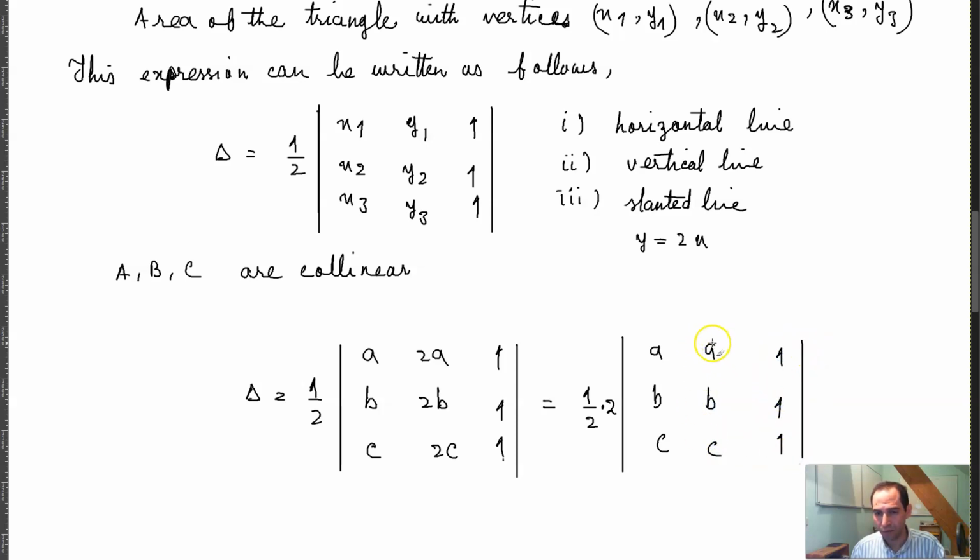And then again, you are left with the same situation that two of your columns are identical, and the value of this determinant becomes 0. So this is 2 halves, which is equal to 1 times 0, which is equal to 0, right?